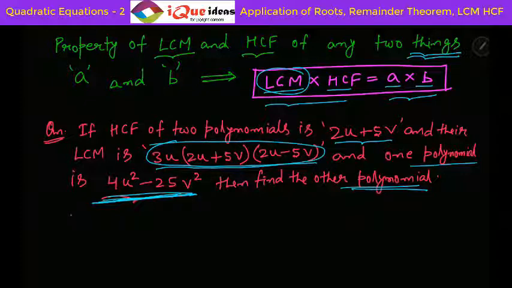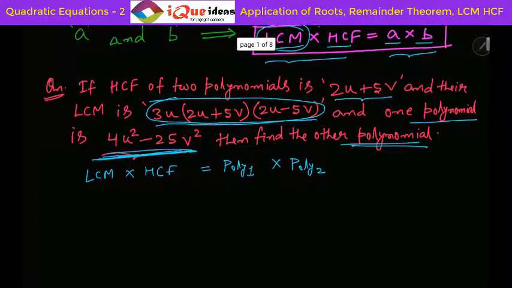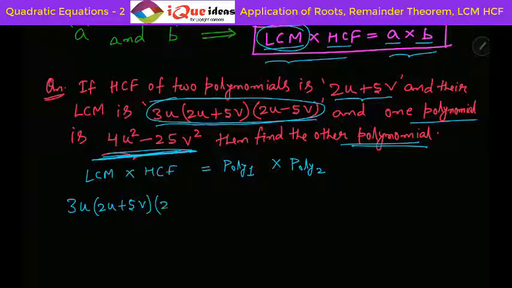So LCM into HCF is equal to polynomial 1 into polynomial 2, right? So in place of LCM, we will write 3u into (2u plus 5v) into (2u minus 5v). This is the LCM, into the HCF. HCF here is given as 2u plus 5v.